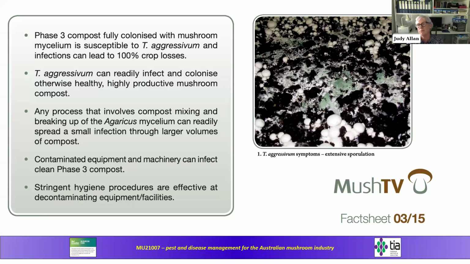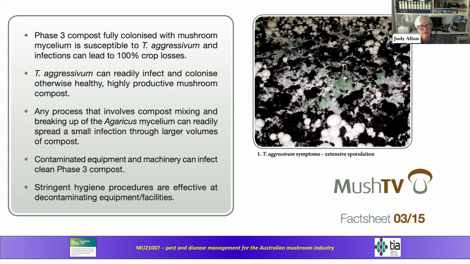So you still have mushrooms, but they're spotted, whereas aggressivum, you get dramatic crop losses, 95% close to 100%, closed doors. Hopefully, it's addressed before it gets to that point.